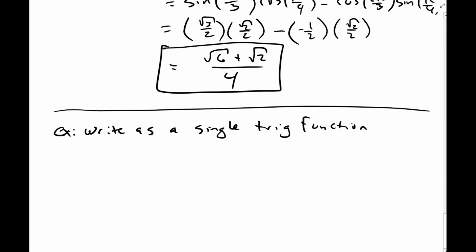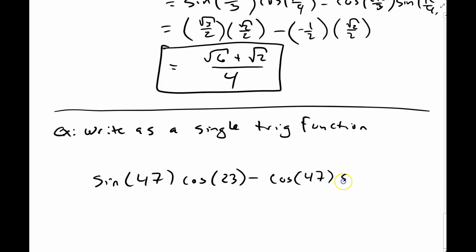So let's say we want to write this as a single trig function. Notice that none of these are unit circle values or unit circle angles, but that doesn't really matter to us.